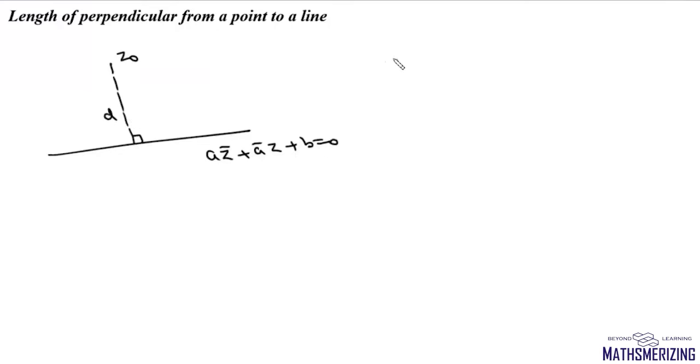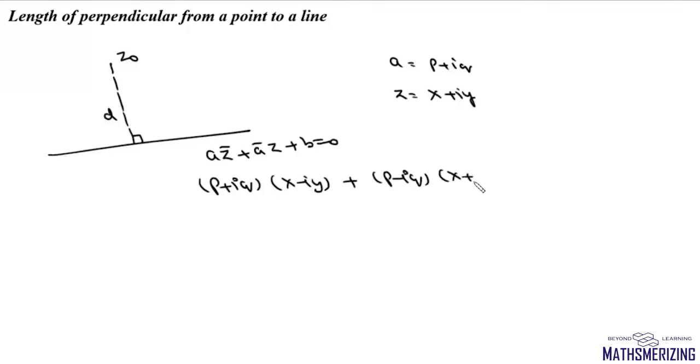Now suppose this A is some P plus iota Q and Z is X plus iota Y. Now Z bar will be X minus iota Y, and A bar will be P minus iota Q, so we get (P minus iota Q)(X plus iota Y) plus B equals 0.